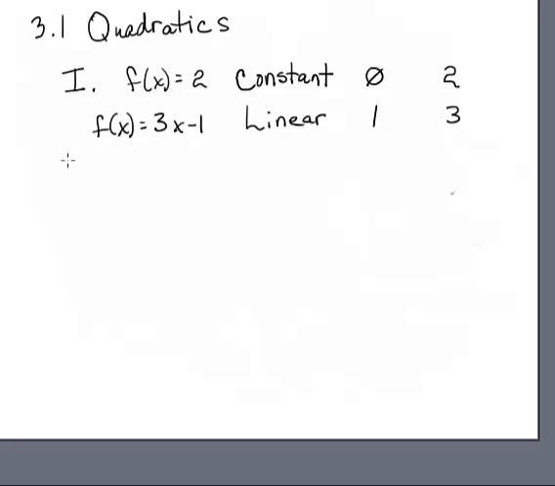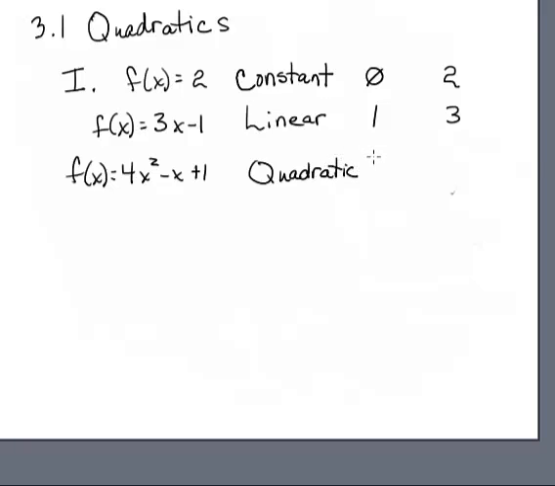The next one we have is f of x equals 4x squared minus x plus 1. Now this has an x squared in it, which makes it a quadratic, which is what we're going to be concentrating on today.